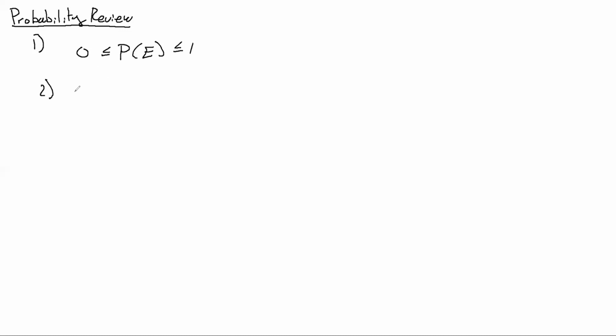And for 2, and again, all this is in the PDF on eCampus. The sum of the probability of any set of mutually exclusive and exhaustive events equals 1. So this means the probability of all of the exhaustive events. This could be as simple as saying probability of event 1 plus the probability of event 2, if we keep it general.